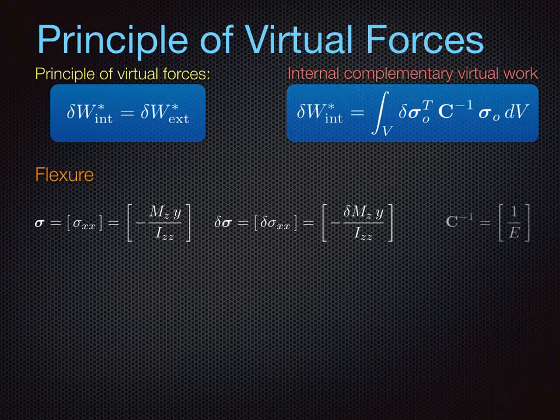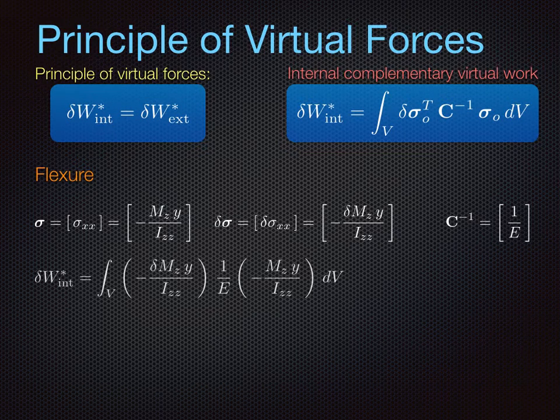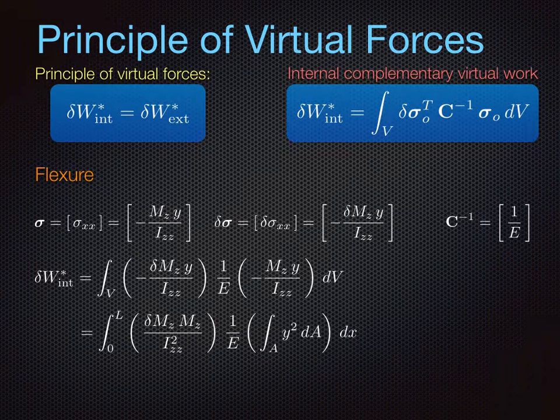The third and last component we would need to compute that integral would be C inverse, which in this particular case would be just 1 over E, the Young's modulus. And once we plug in these three terms into the volume integral we have and split that volume integral into two parts, a part over the cross-sectional area and a part over the length of the member, the beam, dx, we can re-express that same integral as follows.